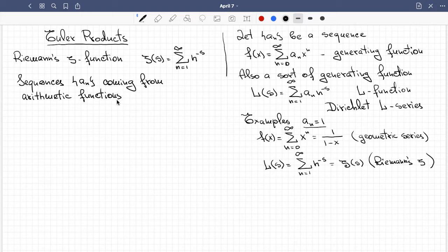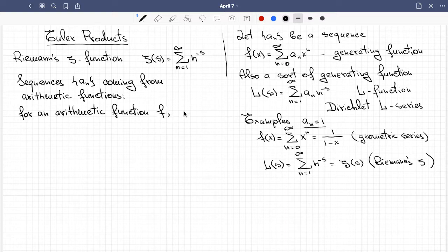Namely, for an arithmetic function f, I recall, what does it mean arithmetic? That means the domain of the function is a set of positive integers.